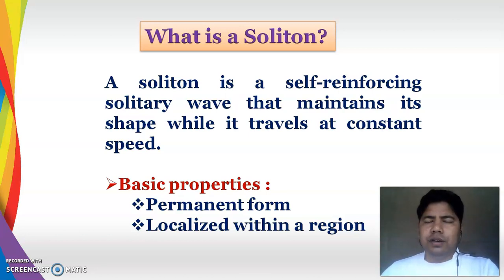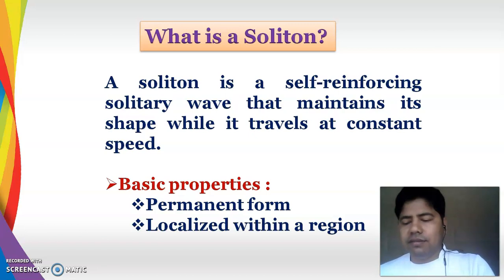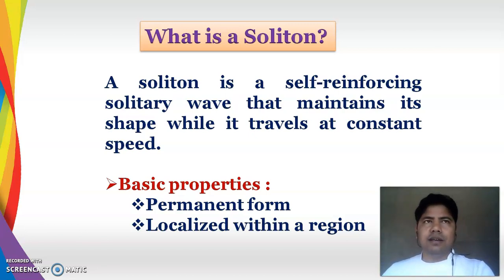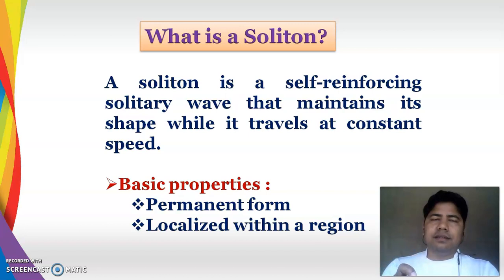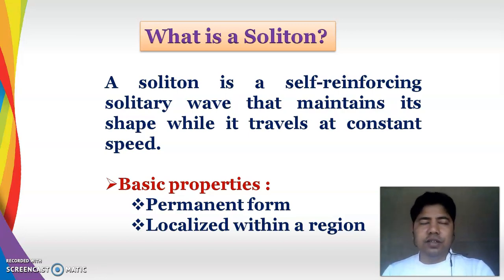So we can see this if you light up a torch. At the starting point of the torch, the intensity of the light will be very bright. But when you go away from the torch, the intensity of the light will be reduced. That is happening because of the dispersion of the medium through which the light is propagating.